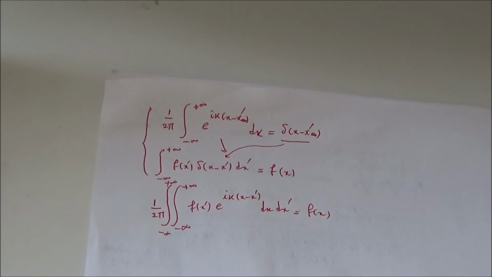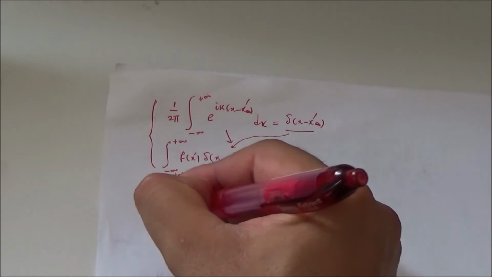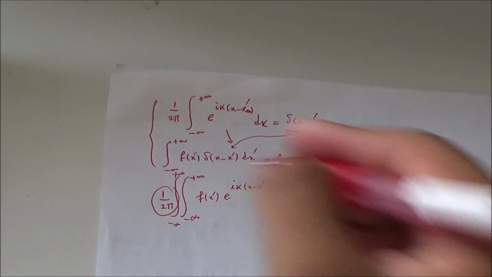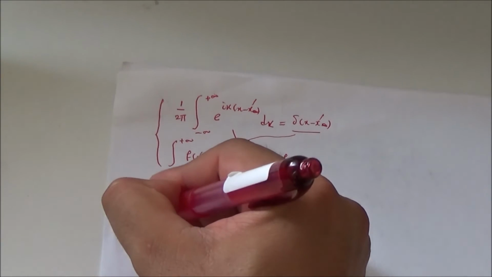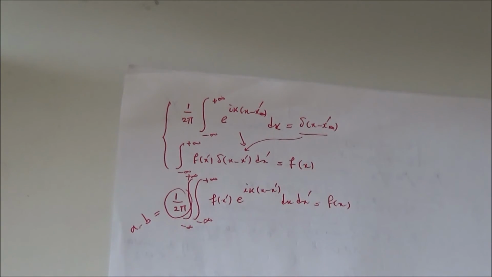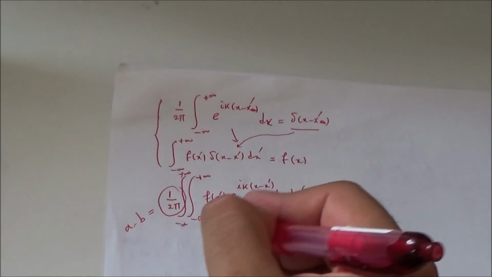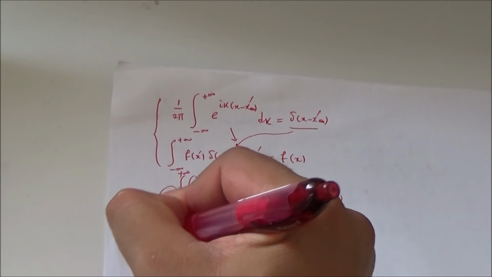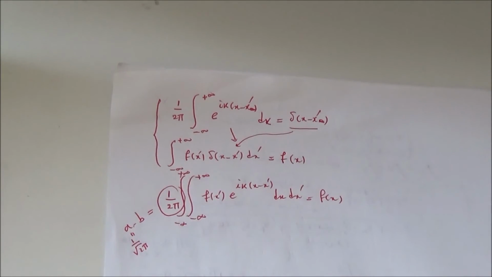So now I will decide to decompose this coefficient into something multiplied by something: a constant a multiplied by a constant b. I consider, for example, the constants a and b both to be equal to 1 over square root of 2 pi.